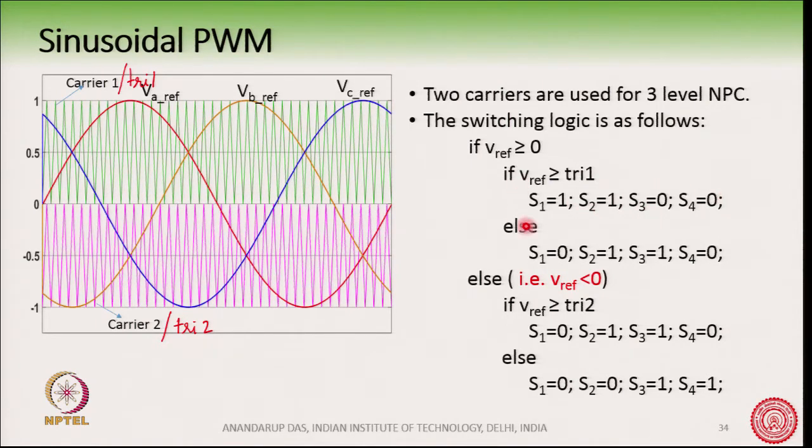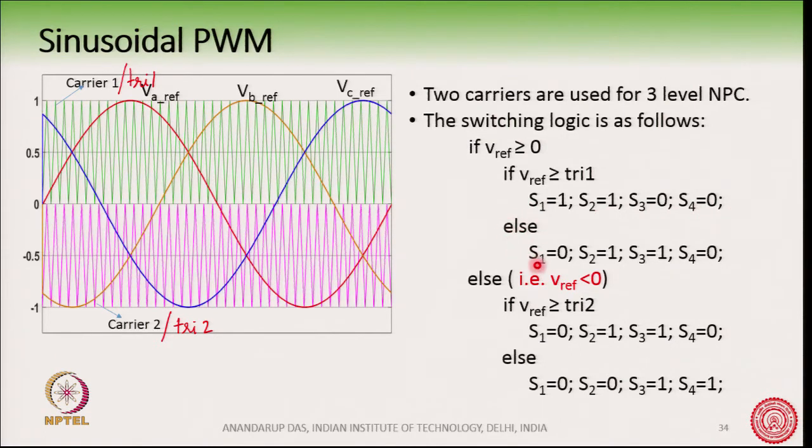Okay. Else, so there comes the else logic. I have written this logic like a C code, but it depends on the implementation how you will write it. So, if Vref is greater than triangle 1, S1 is 1, S2 is 1, S3 is 0 and S4 is 0.